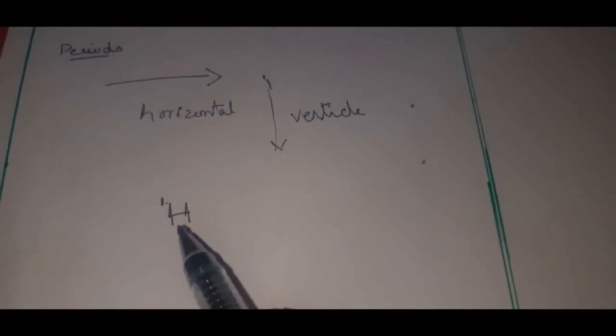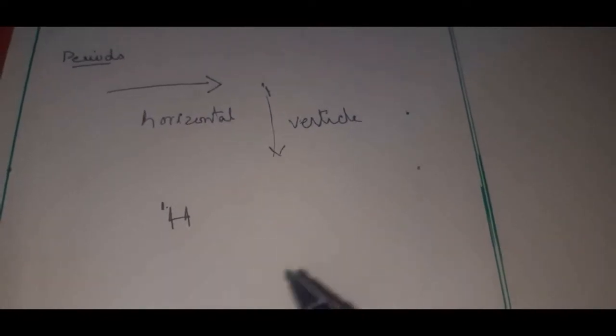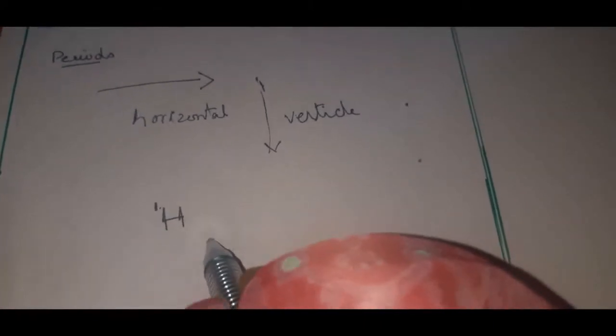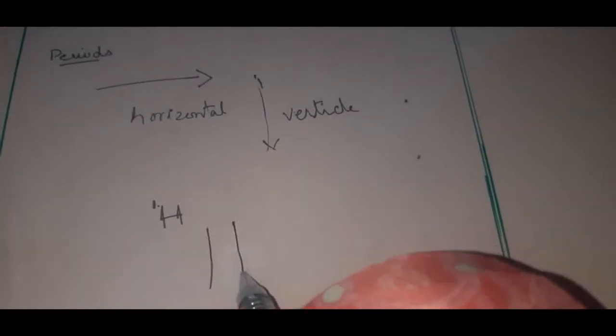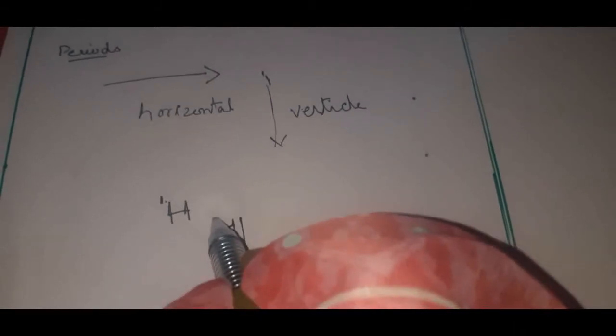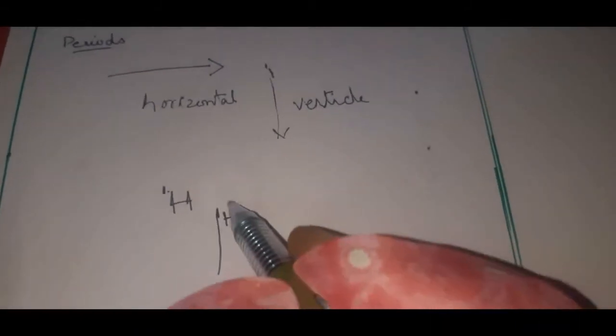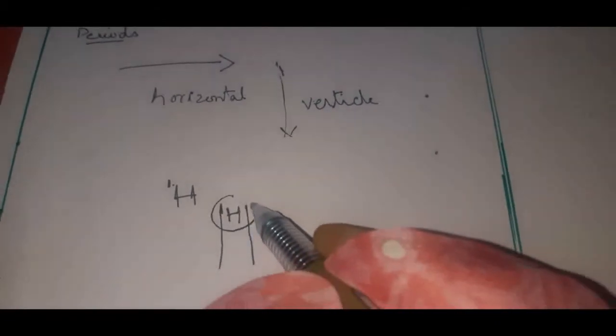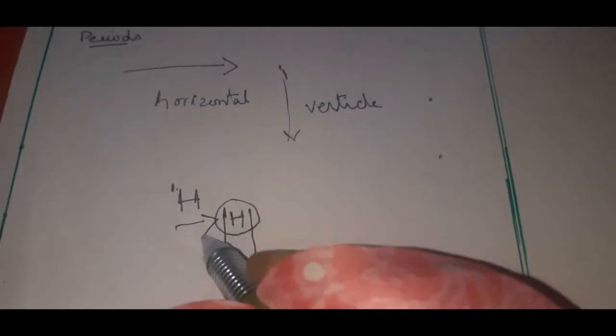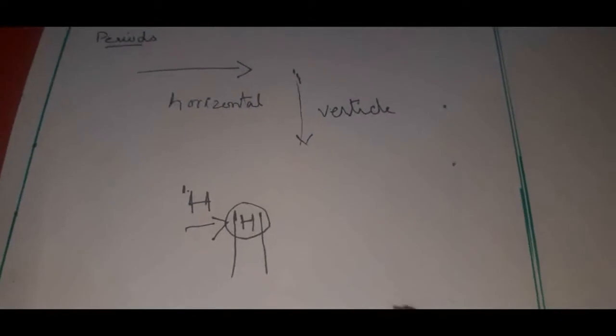As it is the first element of the periodic table, it's quite obvious that it will be located in the first period. First element of the periodic table means first member of the first period. First period means moving from left to right.